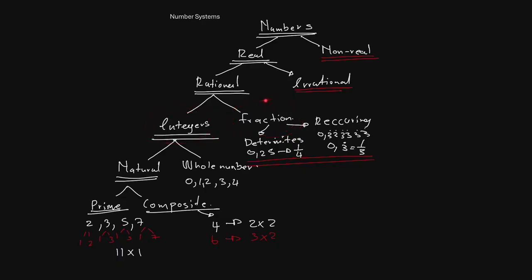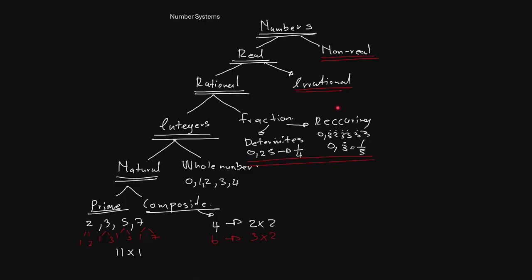Integers are positive and negative whole numbers. We also have fractions, and we have two types of fractions: decimal fractions that terminate, and recurring ones. So a terminating decimal is also a fraction, and a recurring decimal is also a fraction.